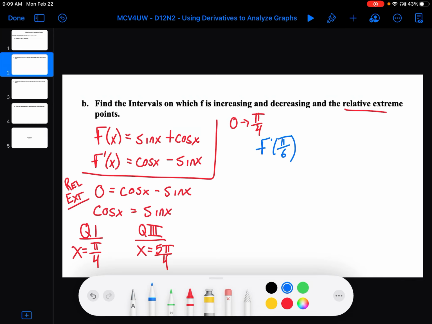Okay, so if I had pi by 6, we're going to be substituting that in, and it doesn't actually matter what the values are. We just need to know whether the value is positive or negative. So I can just sub in any value and find out what this is going to be equal to.